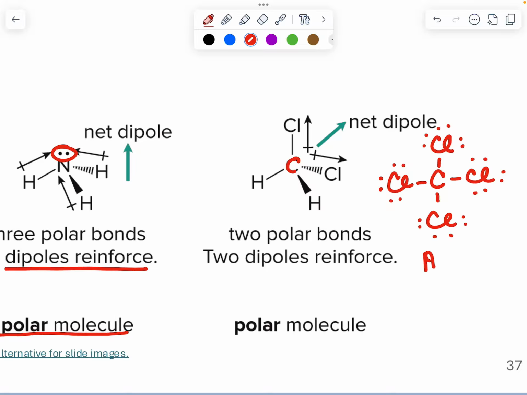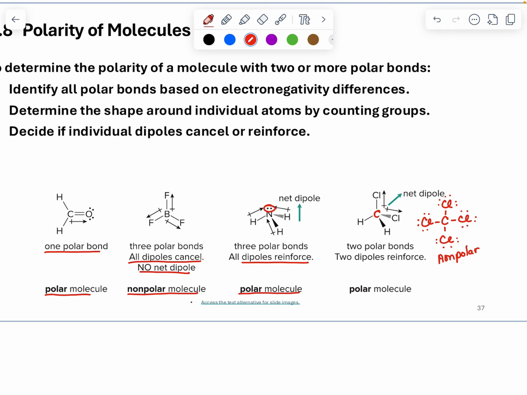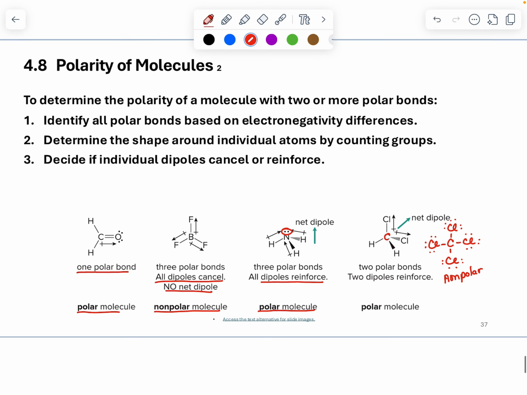So just to recap a bit, to determine polarity, you would want to draw the Lewis structure and look at the shape of the molecule based on the Lewis structure. And then you also want to consult the electronegativity differences. Two easy ways to tell if a molecule is polar or not is, number one, look to see if there's a lone pair of electrons on the central atom, and if so, then the molecule is polar.